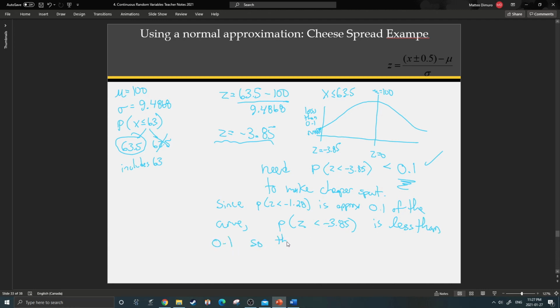So therefore, what's the conclusion here, right? Like, can they use a new spout or not? So therefore, they can use the new spout.